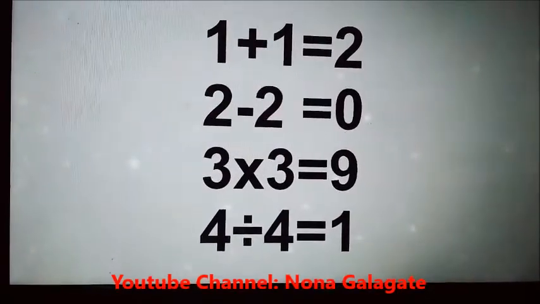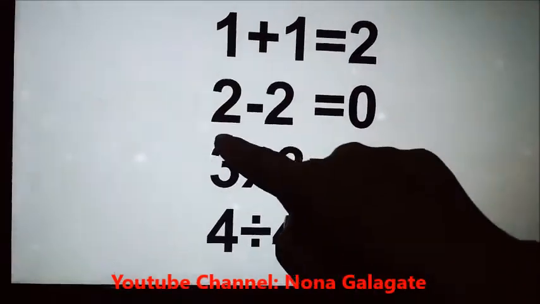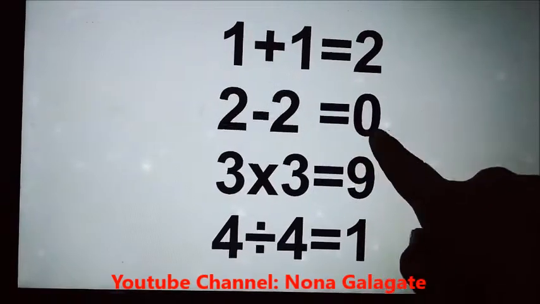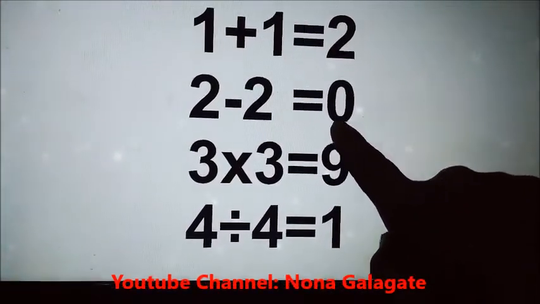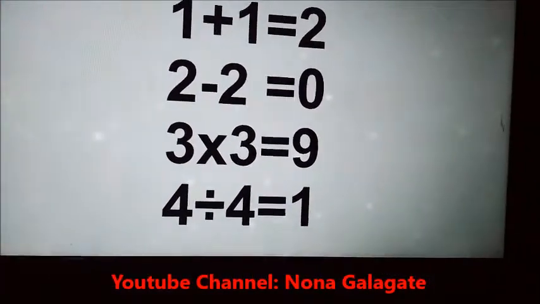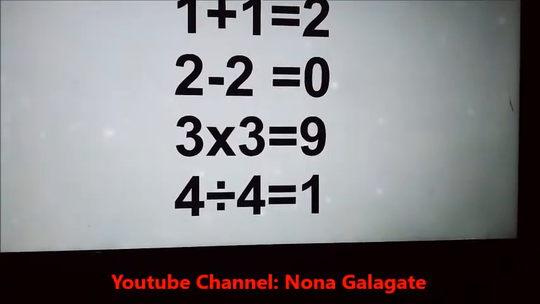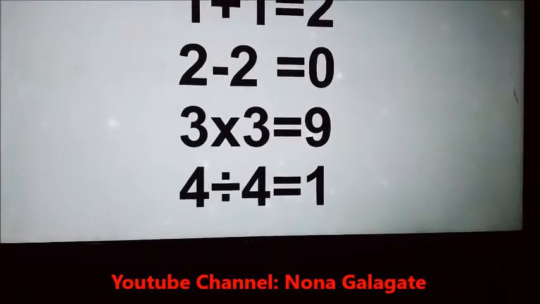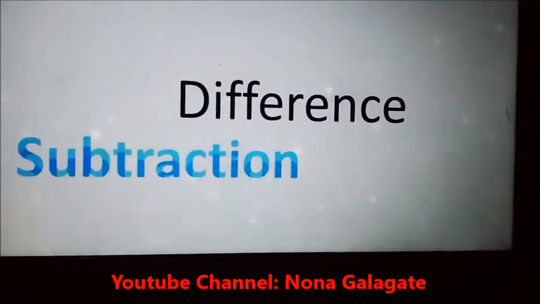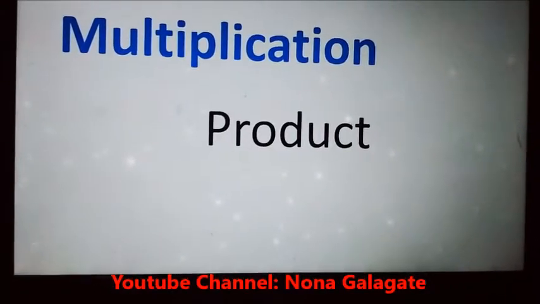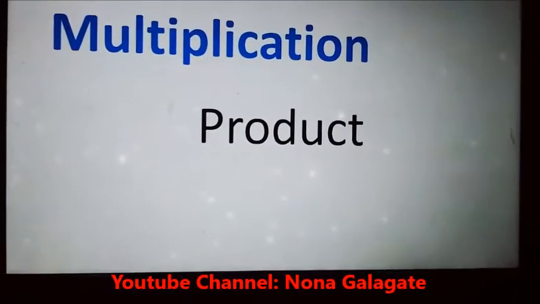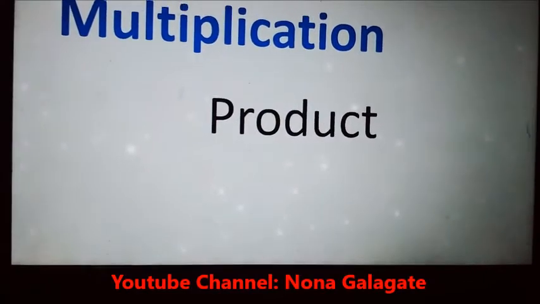Take a look at our example: 2 minus 2 is equal to 0. So 0 is the difference. When we say difference, we can conclude that it is subtraction. How about multiplication? When we say multiplication, the total of the two numbers will be the product.